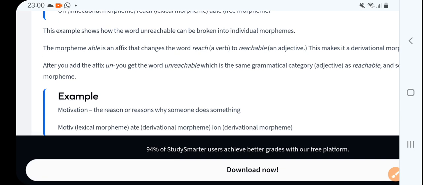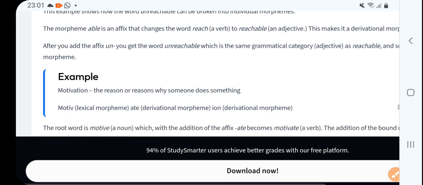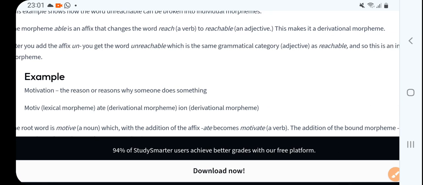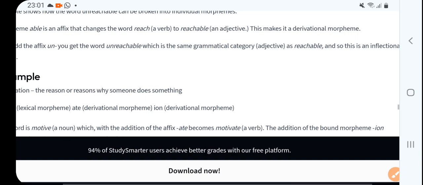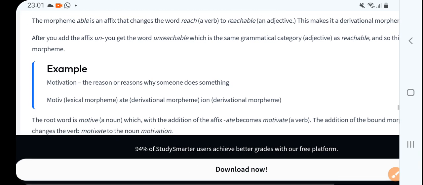This example shows how the word unreachable can be broken into individual morphemes. The morpheme able is an affix that changes the word reach, a verb, to reachable, an adjective. This makes it a derivational morpheme. Okay.